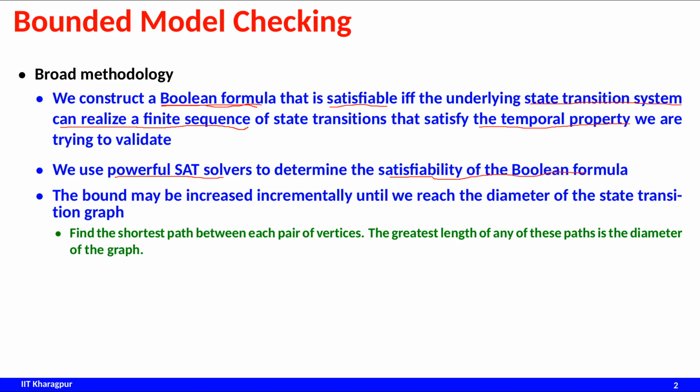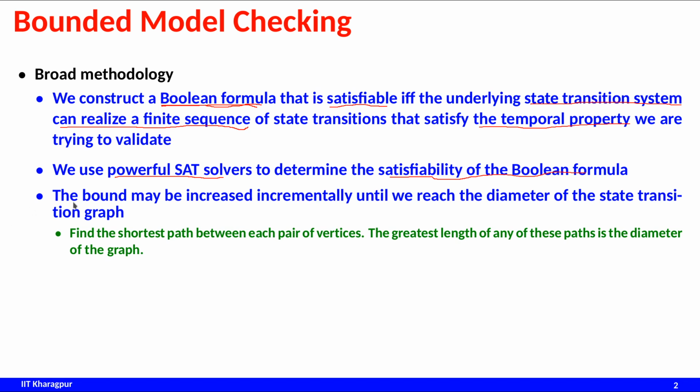If we cannot comment on that, then we increase the bound by one step and try to verify again. Because a property which is not verifiable up to path length 3 may be satisfied if we increase the path length to 4. So the basic idea is we gradually increase the path length and check for the satisfiability.